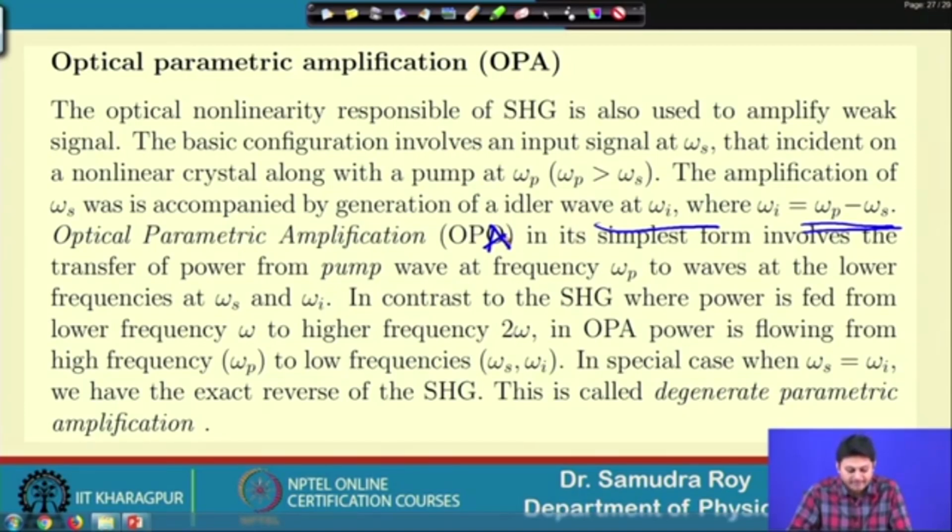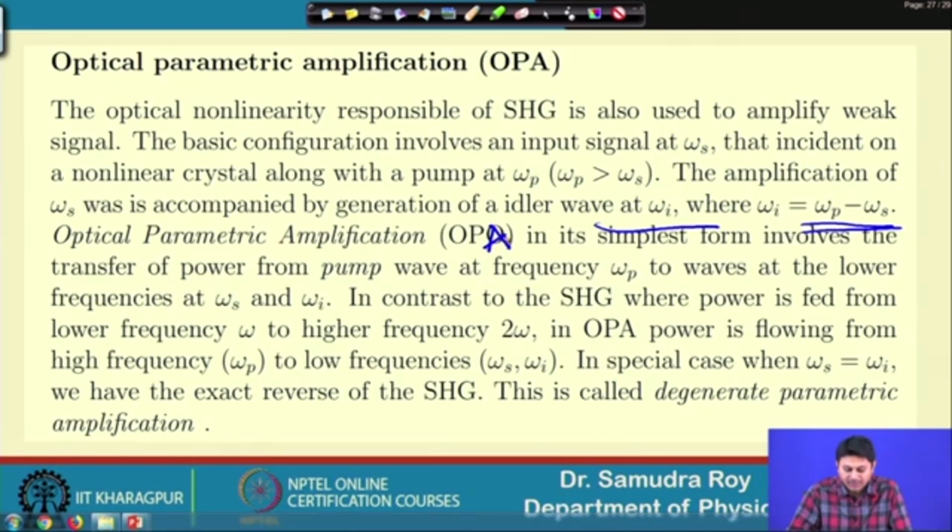For second harmonic generation, we find that the lower frequency omega is fed by the higher frequency 2 omega, that we have already seen in the previous calculation. It is really possible to generate the subharmonic if we put in a suitable phase condition.